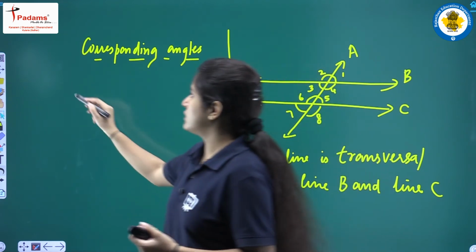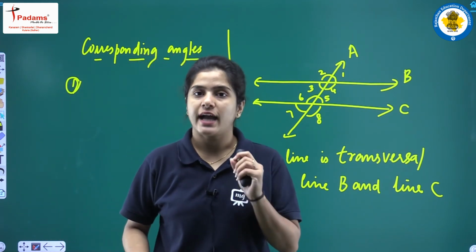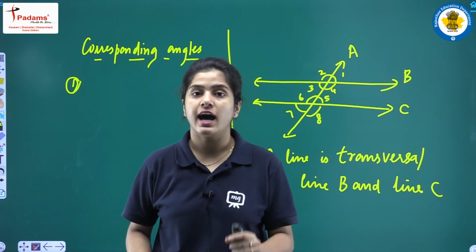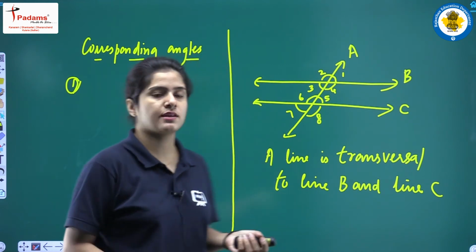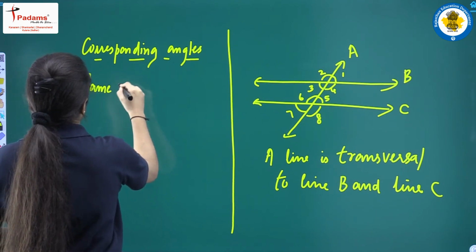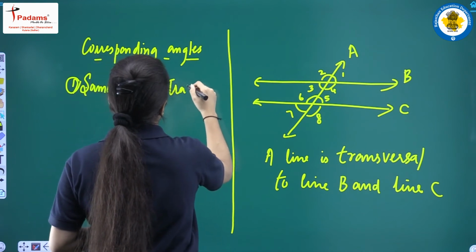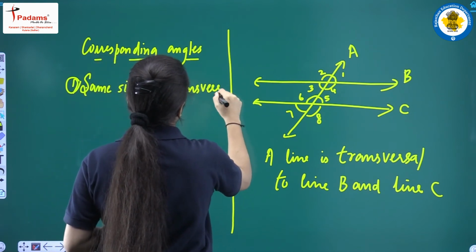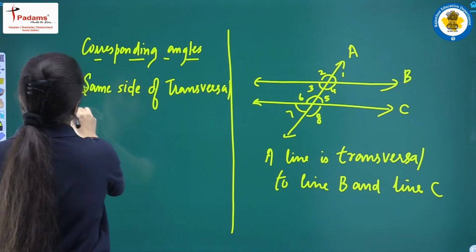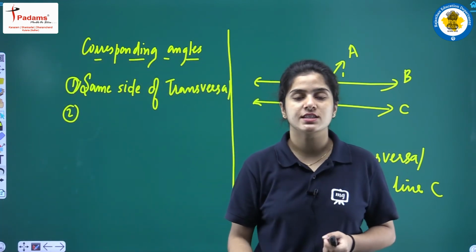First, corresponding angles are those angles that are lying on the same side of the transversal, okay. So the first point is corresponding angles are lying on the same side of the transversal.